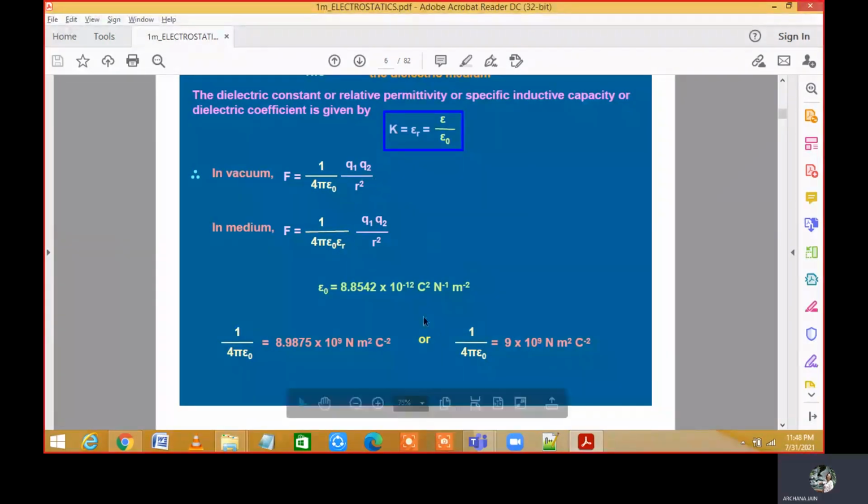That's why the unit of epsilon naught is Coulomb square, Newton inverse, meter minus 2. If we want to calculate the unit of 1 upon 4 pi epsilon naught, then it is the reciprocal of this unit. Take the reciprocal of this, then you will get Coulomb minus 2, Newton and meter square.